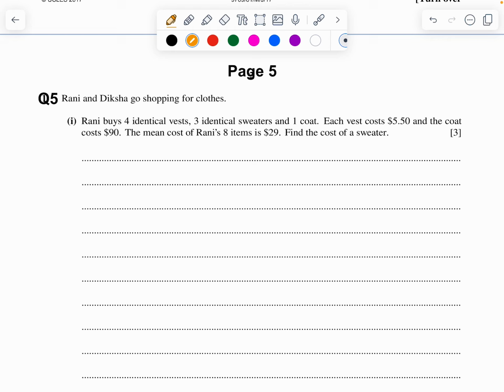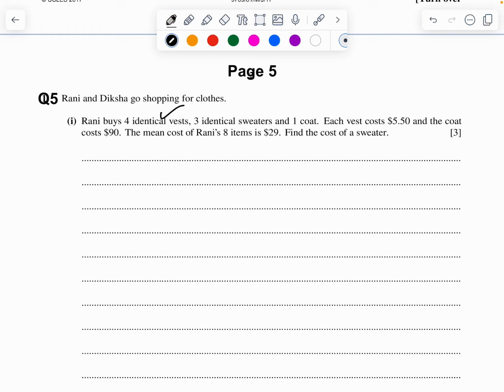Rani buys 4 identical vests, 3 identical sweaters and 1 coat. Each vest costs 5.5 and each coat costs 90. The mean cost of Rani's 8 items is 29. Find the cost of a sweater. He is asking us to find the cost of the sweater.